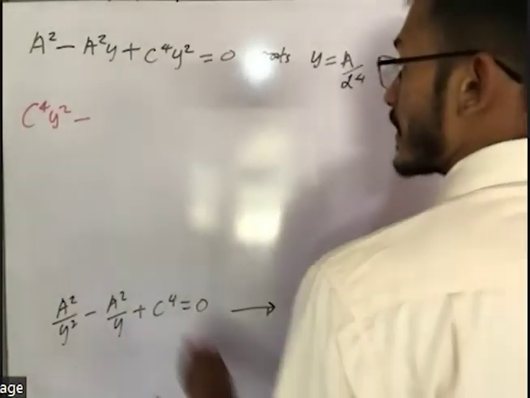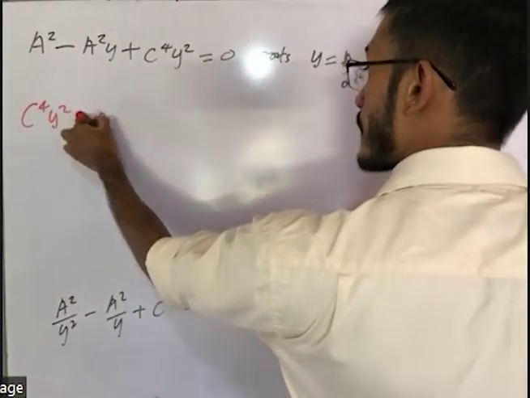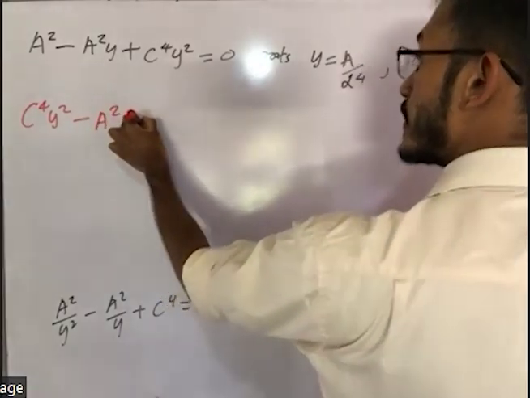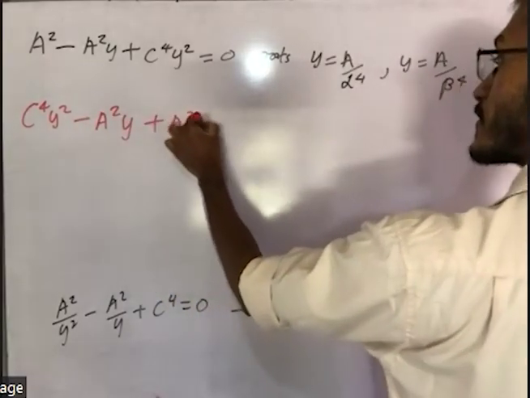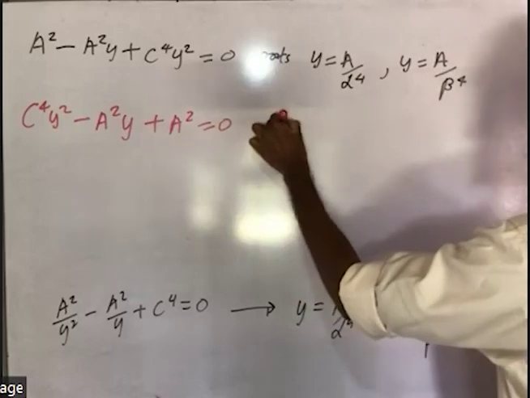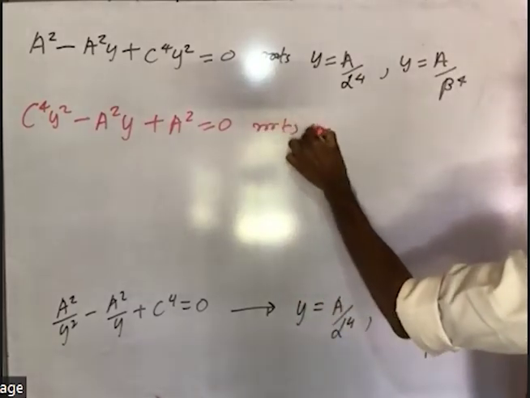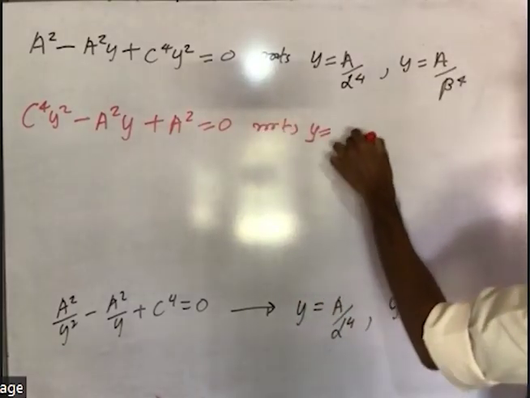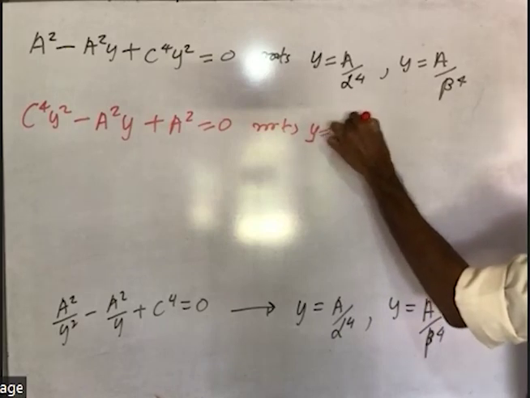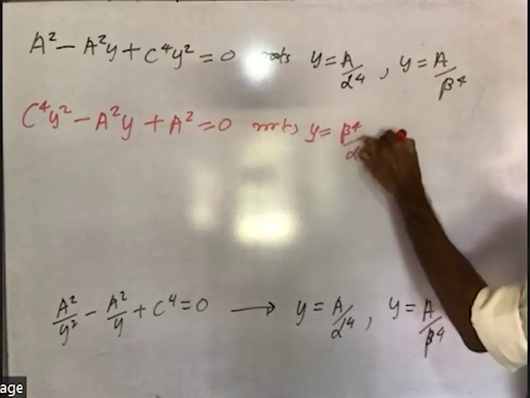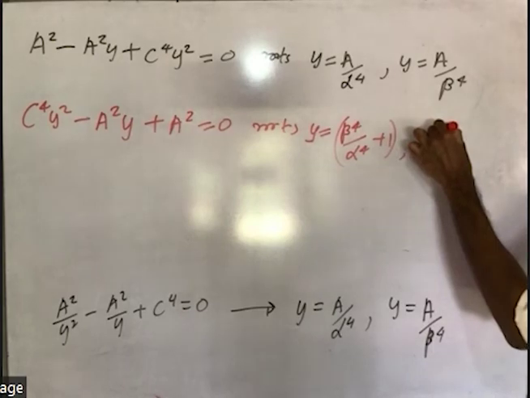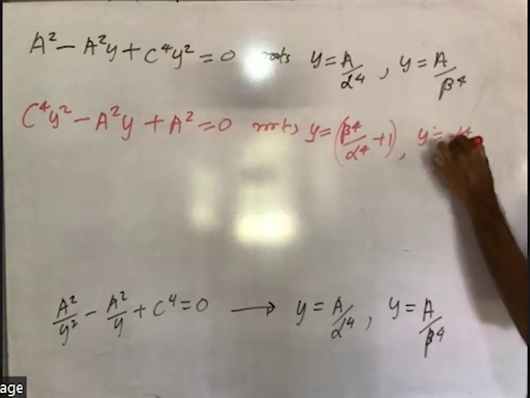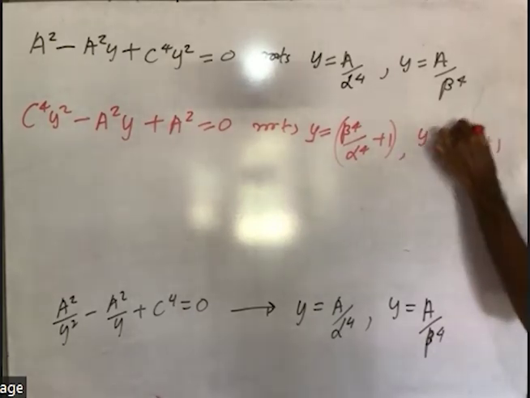So here we can write down a square y plus a square equal to 0, roots y equal to the roots we want, b to the power 4 over alpha to the power 4 plus 1, comma, y equal to alpha to the power 4 over b to the power 4 plus 1.